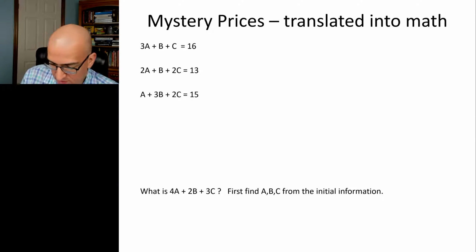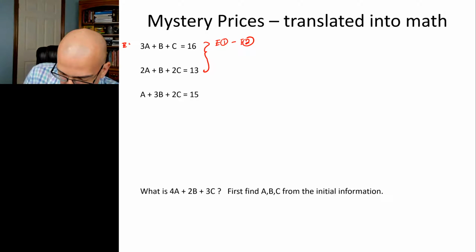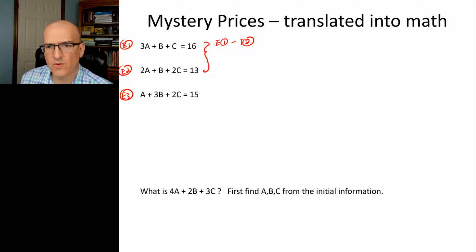So first I'm going to subtract one equation from another equation. I'm going to take equation 1 and subtract from it equation 2. I'll call this first one equation 1, the second one equation 2, and the third one, not being very creative, I'll call equation 3.